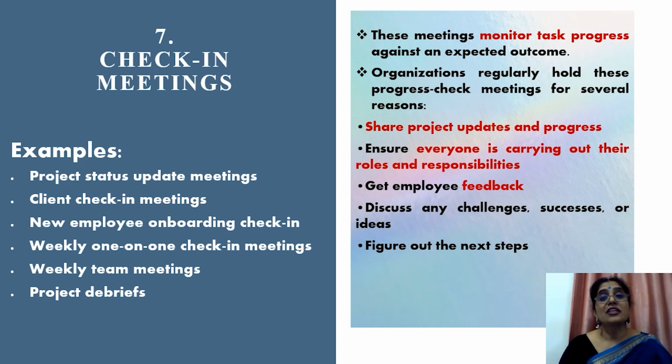These are generally also called feedback meetings. After that feedback, monitoring and review, they decide what the next step should be to correct if we are not on the right path.